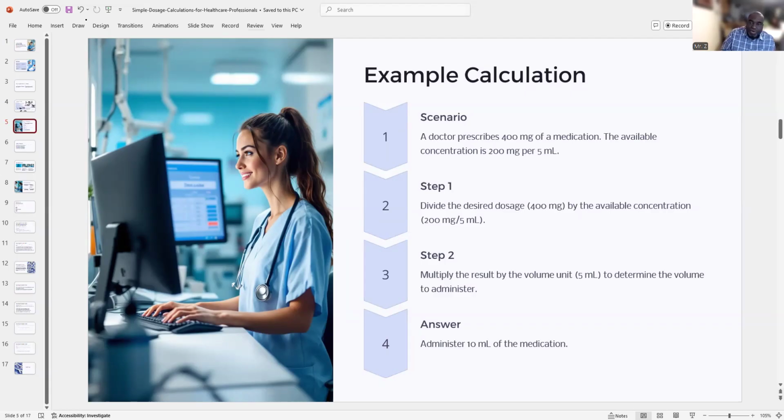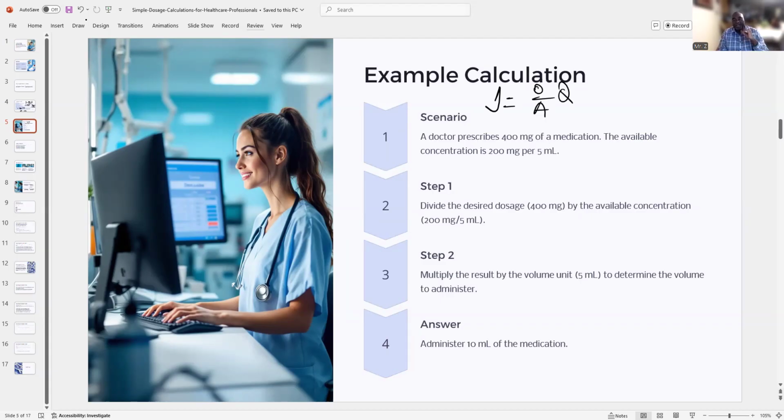All right, so let's look here. As we just learned, the dosage equals order divided by available multiplied by quantity. A doctor prescribed.